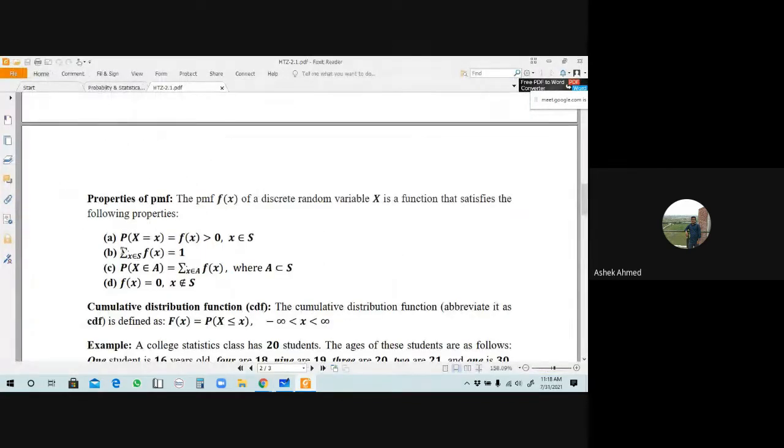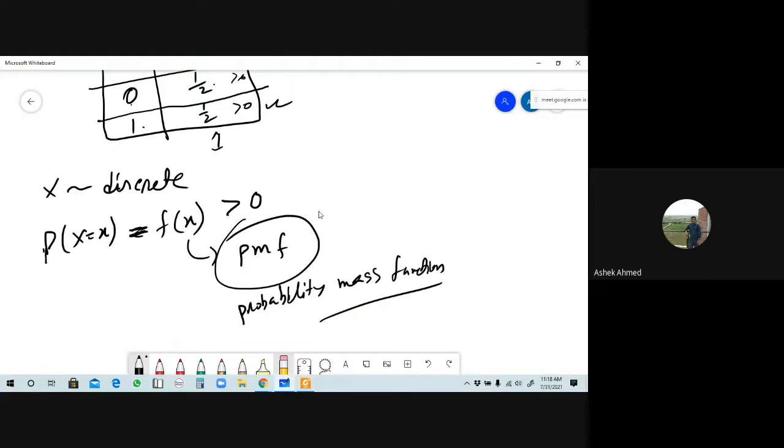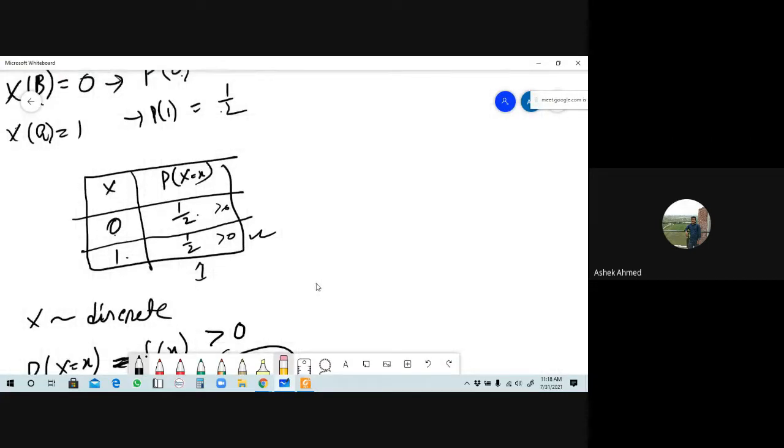So the summation of f of x, for x belongs to S, equals 1. For this table, the values of x go from 0 up to 1, lower limit 0, upper limit 1.